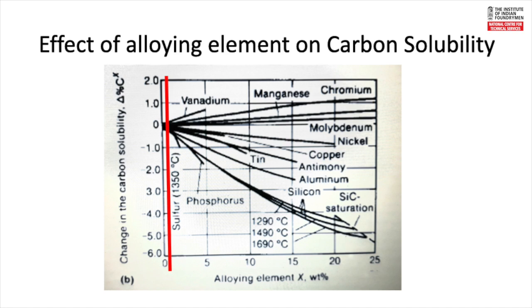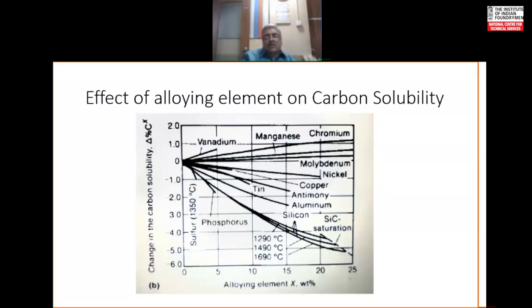That means they will promote formation of combined carbon. They will say, okay, carbon, please stay inside the iron matrix, which comes out as cementite. So these are the elements which tend to encourage formation of Fe3C instead of carbon coming out in the free form, which is graphite.